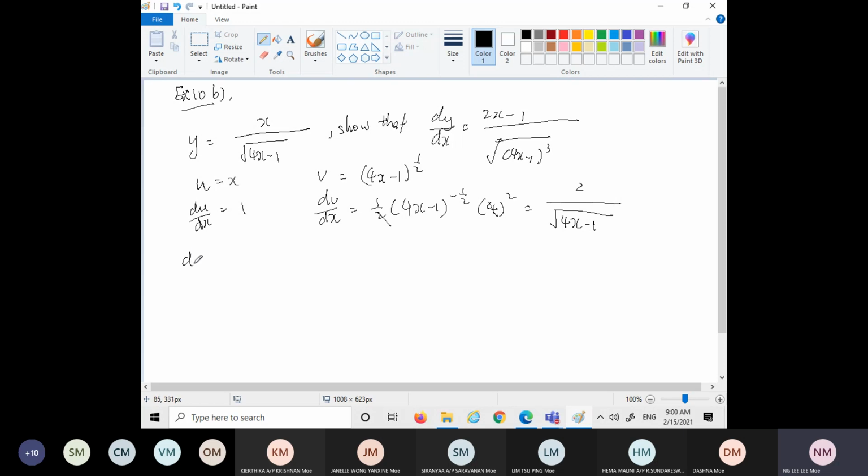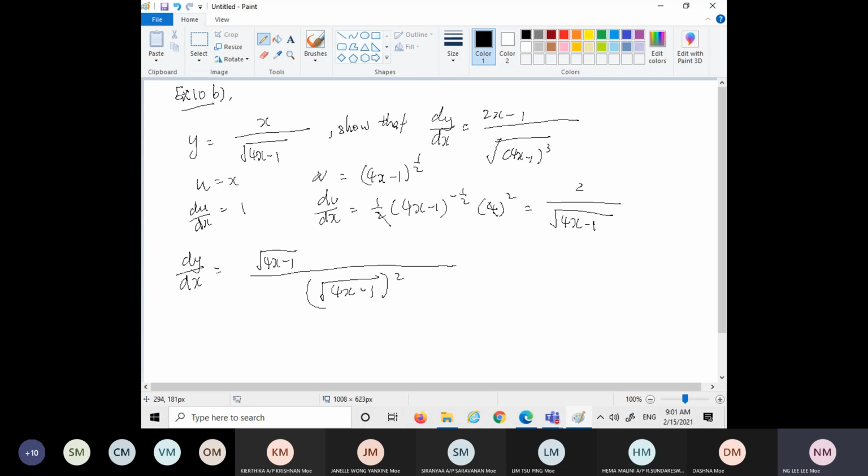So this is what I get. Now using the quotient rule, complicated. If you still cannot do the previous lesson, then it is difficult. We'll start with the denominator squared. Quotient rule, this is the denominator, squared. After that, copy back the denominator, 4x minus 1.